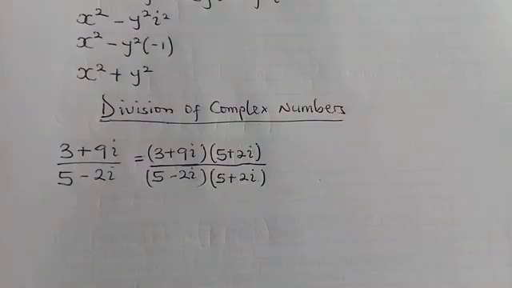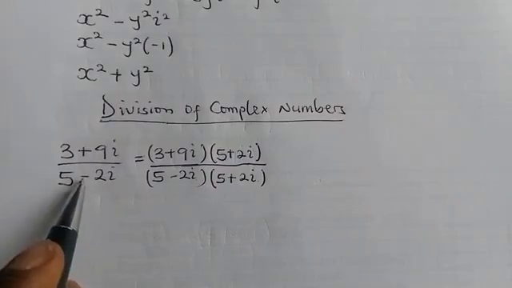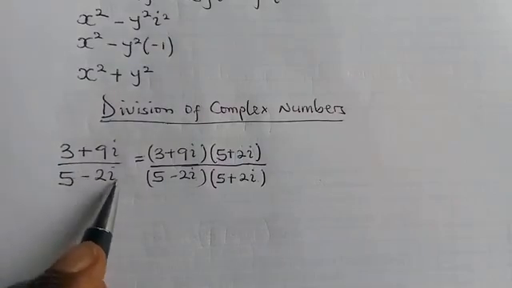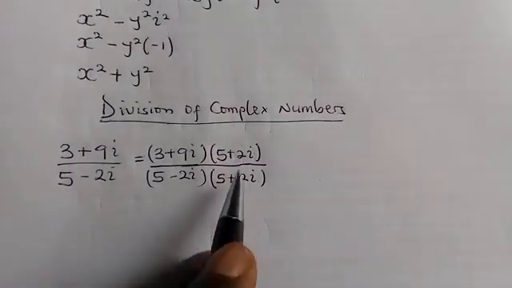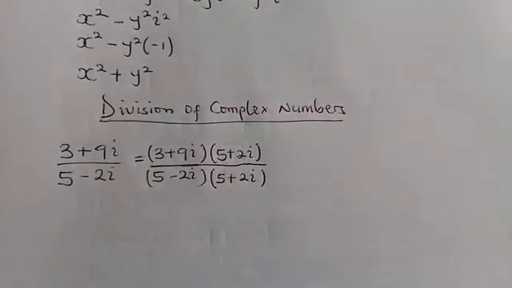You can use this method for any other question, no matter how it is framed. Now, here we have 5 minus 2i. If it is negative here, it means in the process of rationalizing, you are going to use a positive value. That is how conjugates are gotten.